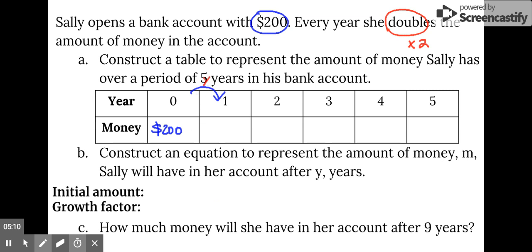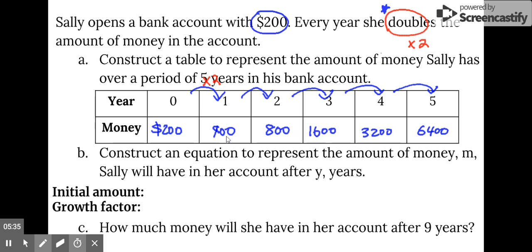So 400. And after another year, it's going to be 800. After another year, 1,600. What are you doing here? You just multiply by 2. 6,400. It's not going to happen in the real world, but let's say they're going to double it.